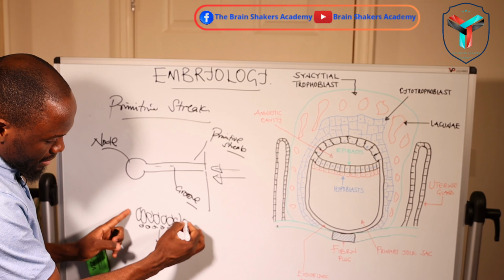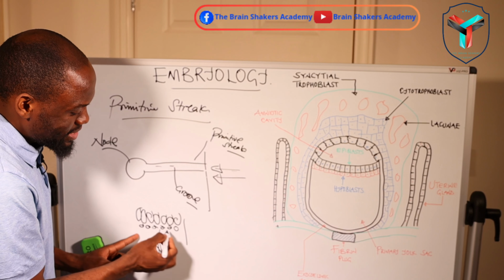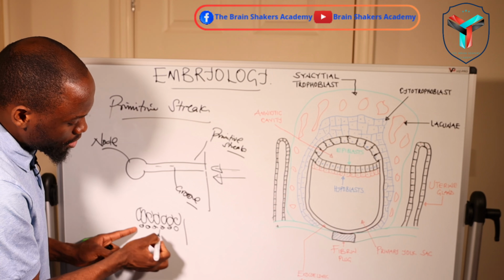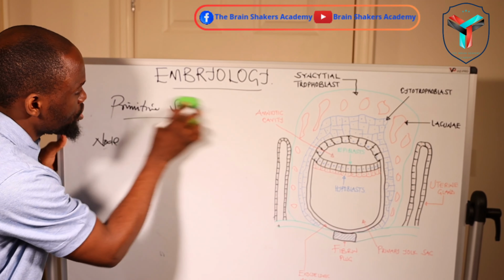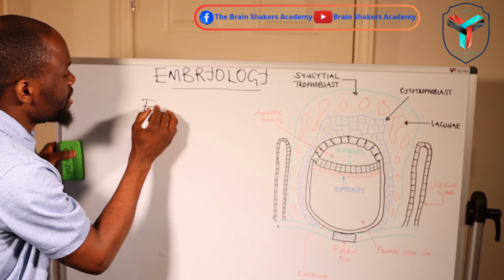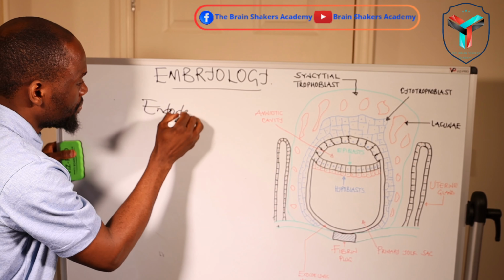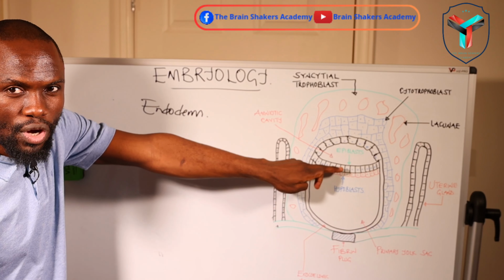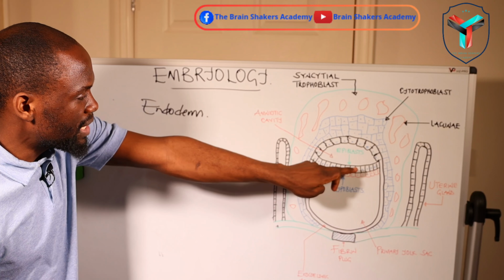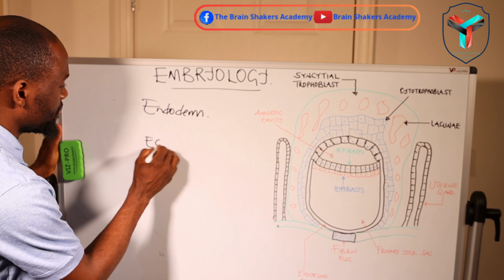So, as the hypoblasts are being pushed down, the cells that appear closer to the hypoblast are now going to be referred to as the endoderm. Then the cells that remain on the top part of the epiblast are going to be the ectoderm.